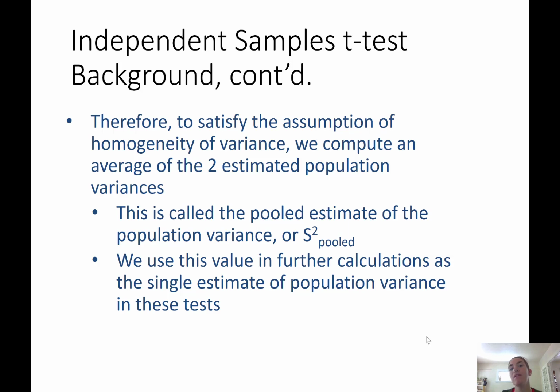This is the estimated variance for the populations that draws on information from the estimate from sample 1 and the estimate from sample 2. And we'll use this value, S squared pooled, in further calculations towards the standard error.